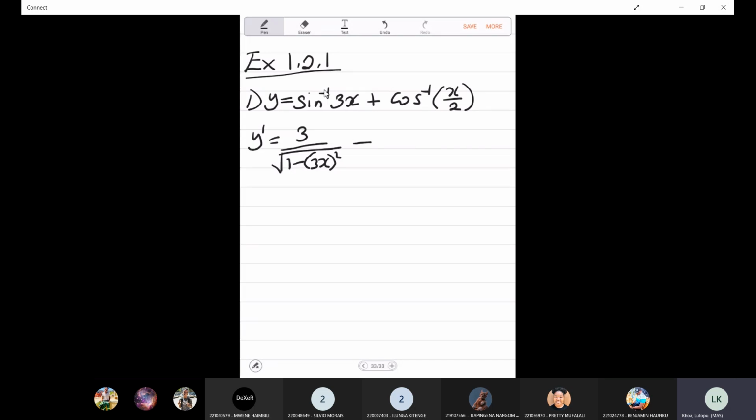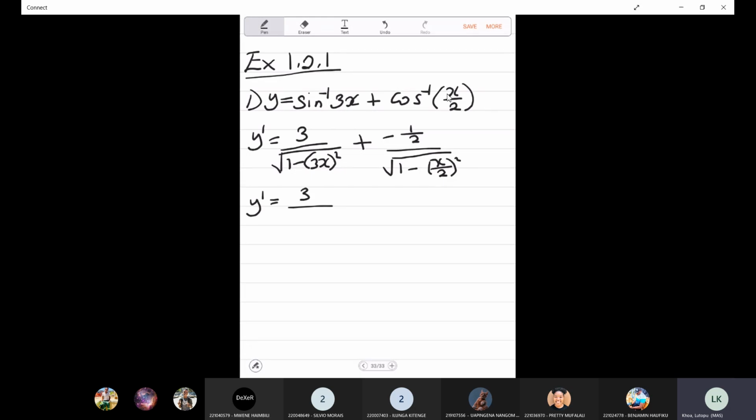And the second one, first in the numerator, we have the derivative of x over 2, which is a half, and then it should be negative. And then in the denominator, we have 1 minus our function x over 2 squared. So that's x over 2 squared. Then just simplifying as far as possible.